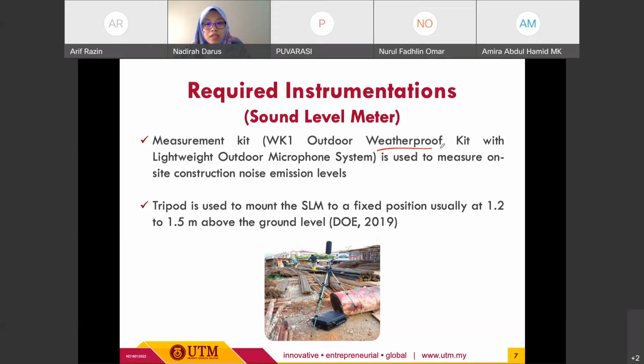So weatherproof kit ni adalah lightweight outdoor weatherproof system, used to measure on-site construction noise emission levels. Okay, so kalau kita tengok kat sini, this is example based on my previous assessment of noise monitoring on-site. If I'm not mistaken, this one is office building, double story office building here.